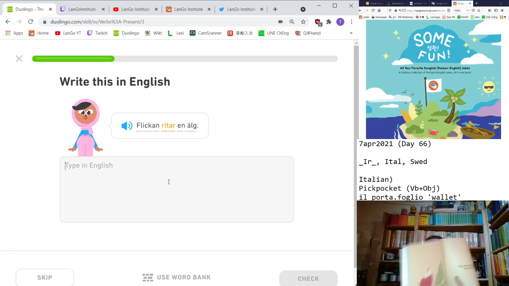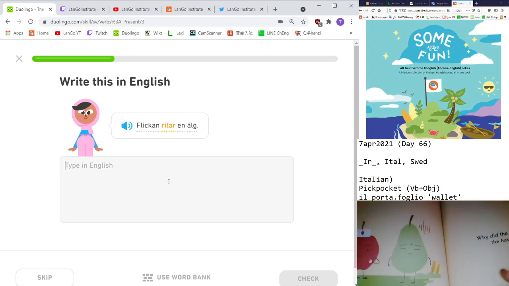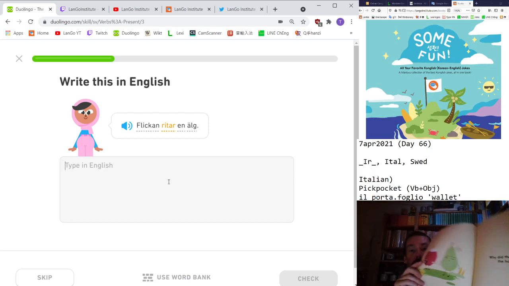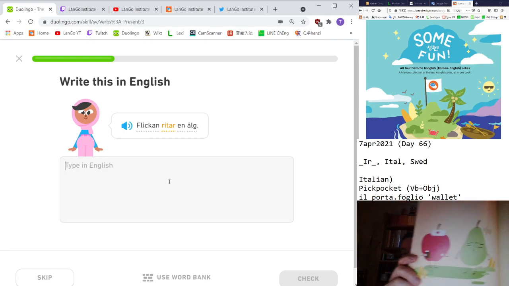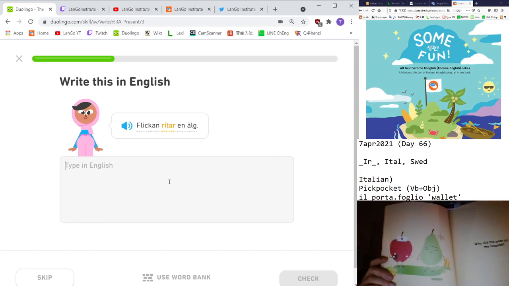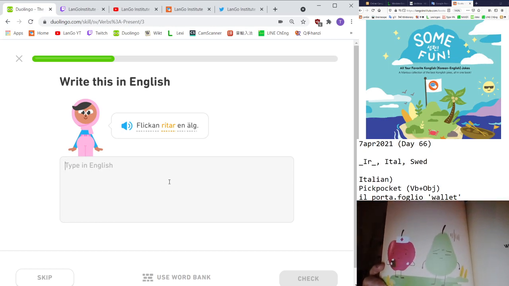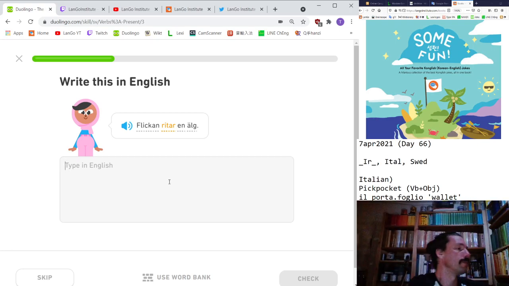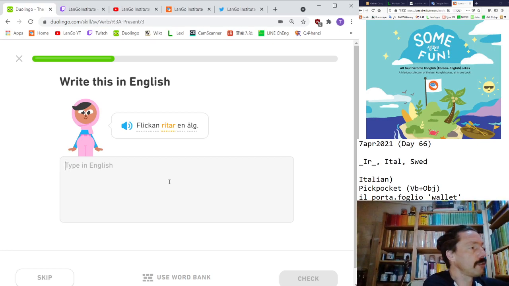Why did the pair go to the hospital? I'll let you ponder that for a few minutes. There's the text up close and this nice illustration here. Yeah, and in a couple minutes, I will read you the answer, the solution.